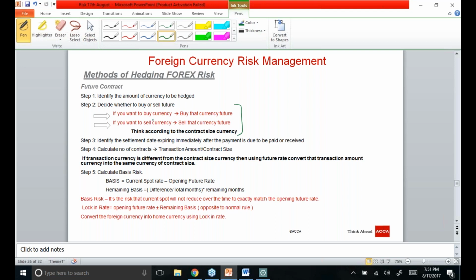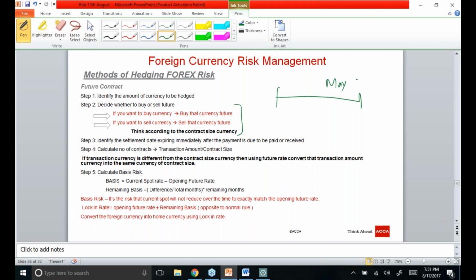Next, identify the settlement date. Identify the settlement date expiring immediately after the payment is due to be paid or received. Let's suppose you will receive the amount in May. Then select a settlement date which is expiring immediately after May.